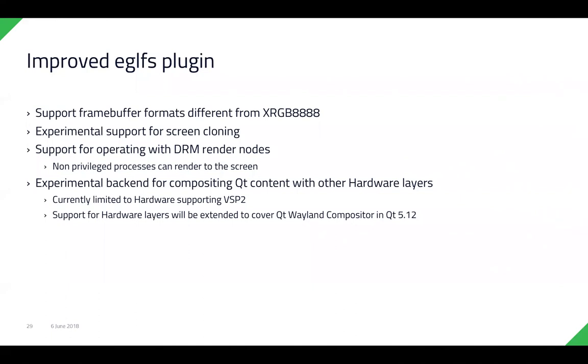This is currently still limited to hardware supporting VSP2. That is, for example, the Renesas R-Car platform, and maybe a couple of others. But we will be working on extending that support also to cover other hardware, and also add that to the Qt Wayland compositor for Qt 5.12.